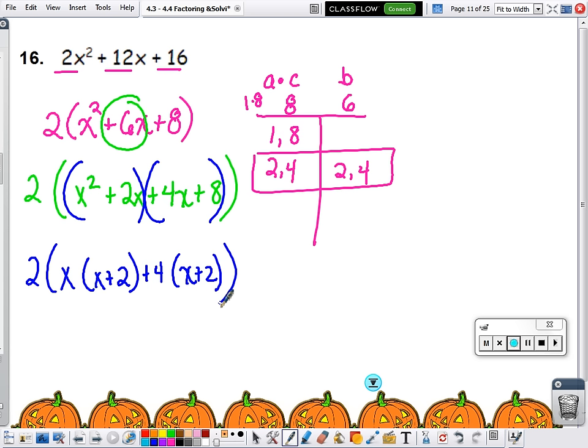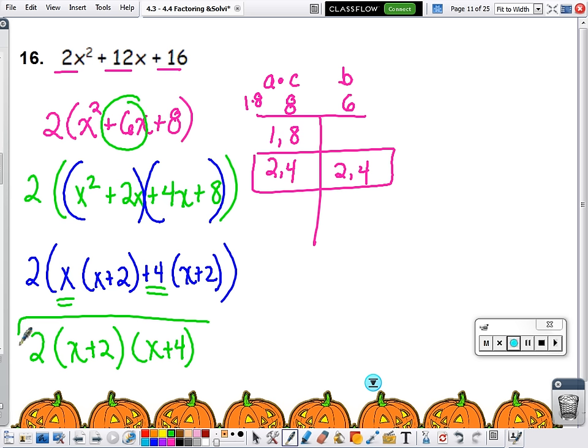Notice x plus 2 is common, so I can pull that out, and I'm going to be left with x plus 4. I'm going to go ahead and carry down my 2, pull out my x plus 2, and I'll be left with x plus 4. So that 2 is part of the full factored form for this expression.